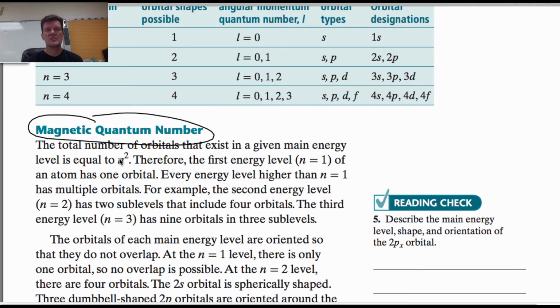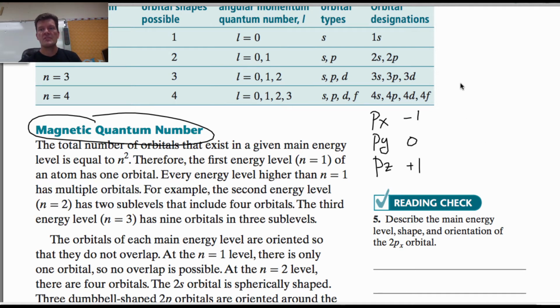So that number is going to tell us which of those we have. For example, if you have a px, py, pz, we're going to use numbers instead to denote that as well. Since there are 3, we could use 0, -1, and +1.